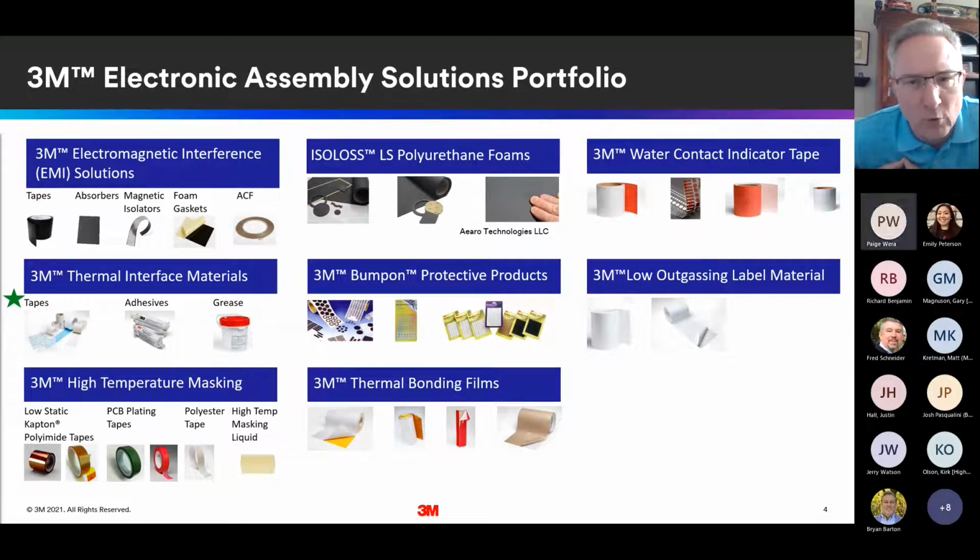We have compressible microcellular urethane foams that are good for vibration damping, sound damping, and bumpon materials that keep your computer from sliding around on the desk, and some other special types of bonding tapes called thermal bonding films or anisotropic conductive films. So today we're going to focus on thermal solutions, because as electronics continue to get smaller and more powerful, the need for thermal solutions continues to increase. So Paige, start us off, please.